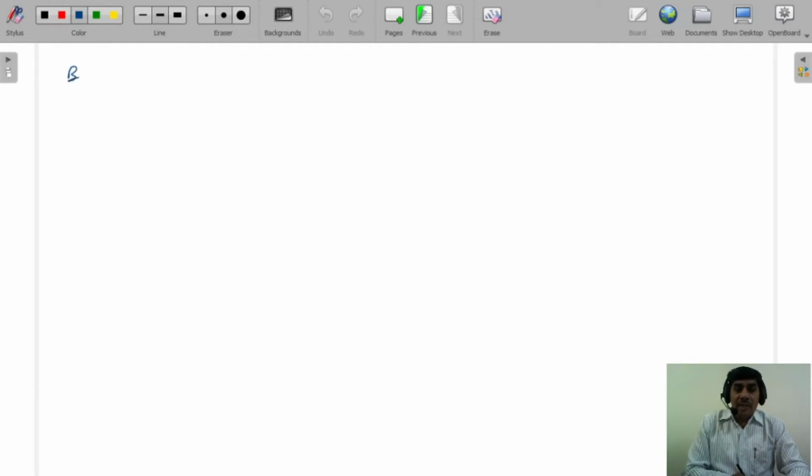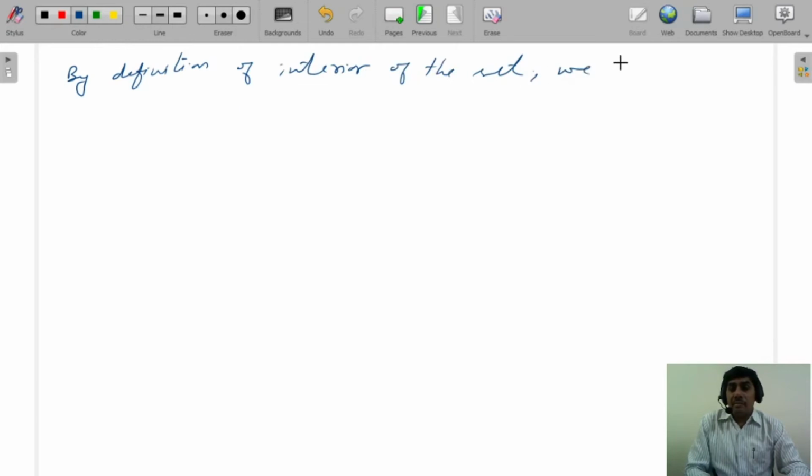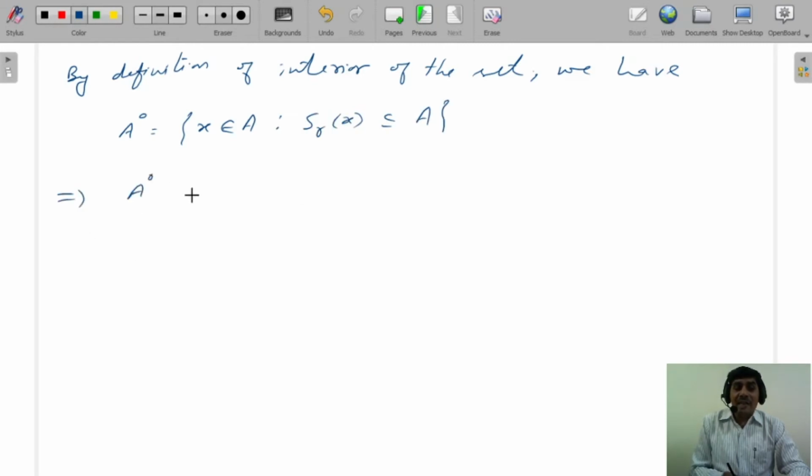By definition of the interior of the set, we have A interior is equal to the set of x belonging to A such that the sphere centered at x with radius r is contained in A. This implies A interior is a subset of A, that is, A interior is contained in A.